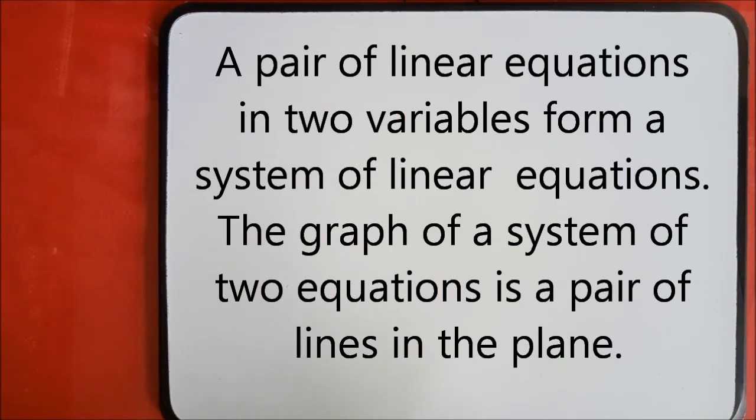The graph of a system of two equations is a pair of lines in the plane. Ibig sabihin, pag sinabing system of linear equations, isang pares ng linear equations. Ano ibig sabihin ng pares? Dalawa. Dalawang linear equations in two variables ang kailangan natin para makabuo tayo ng system of linear equations.